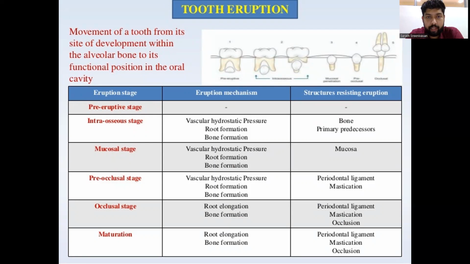What are the different stages? There is a pre-eruptive stage, intraosseous stage, mucosal stage, pre-occlusal stage, and maturation stage. In that, what are the eruption mechanisms involved, and what are the structures resisting eruption during that time? That is given in this table.